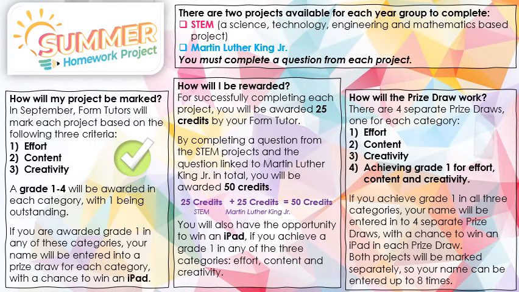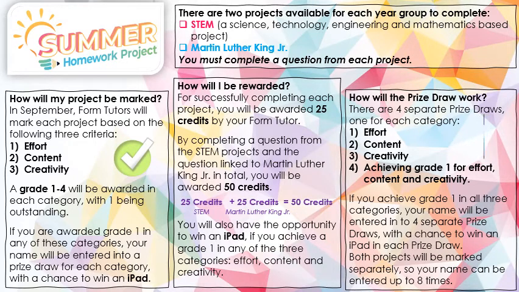In addition to the 50 credits, there's a fantastic opportunity here for you to win an Apple iPad. Now, there are 4 prize draws available to you depending on the grading you secure on effort, content and creativity. If your form tutor awards you with a grade 1 for any of the 3 categories, your name will be entered into the prize draw for these.